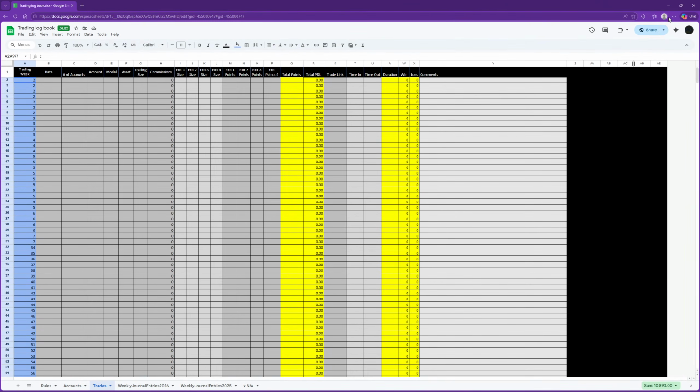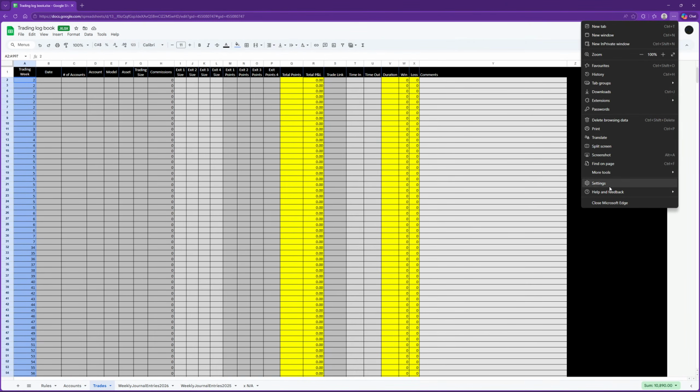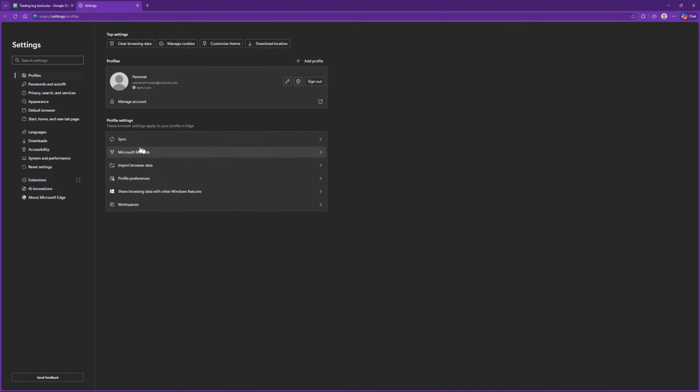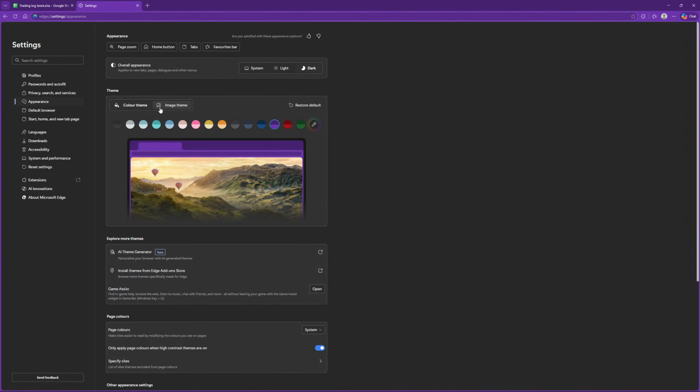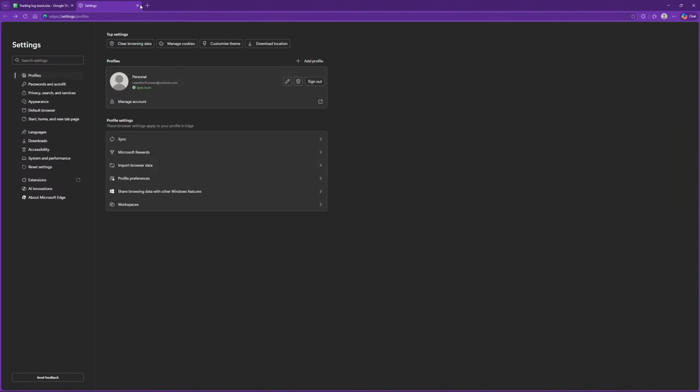How do I put something in dark mode? Microsoft Edge, I feel like it's on dark mode, but my Google Docs isn't.